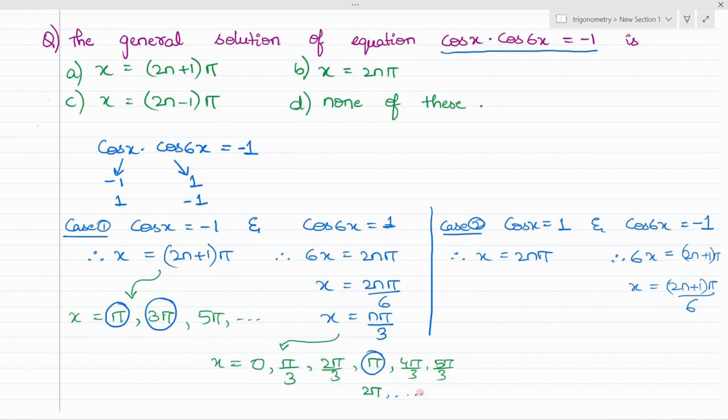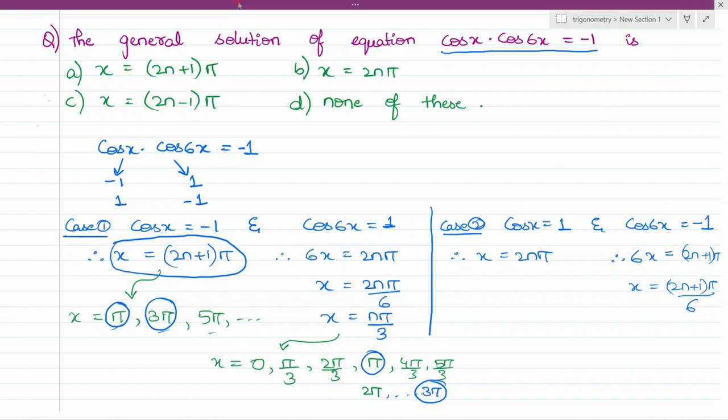Here also we'll get 3 pi. So the common values of x are pi, 3 pi, 5 pi. So we can write directly the general solution as x is equal to (2n plus 1) times pi. And this is only for case 1.